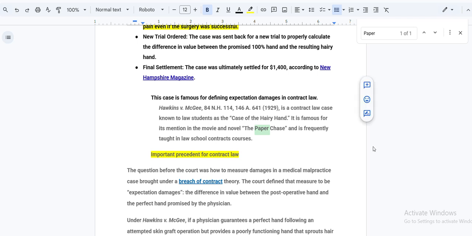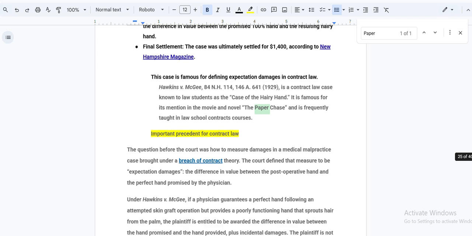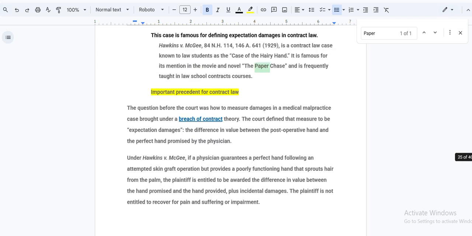So the question before the court was how to measure damages in medical malpractice, and the court defined the measure to be expected damages, the difference in the value of the postoperative hand and the perfect hand promised by the physician.